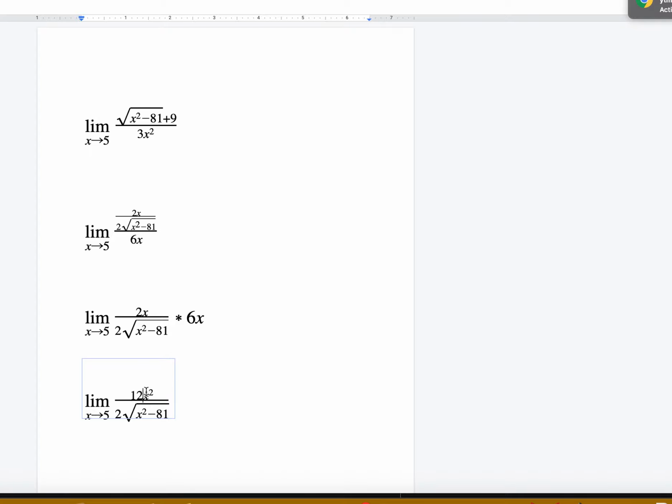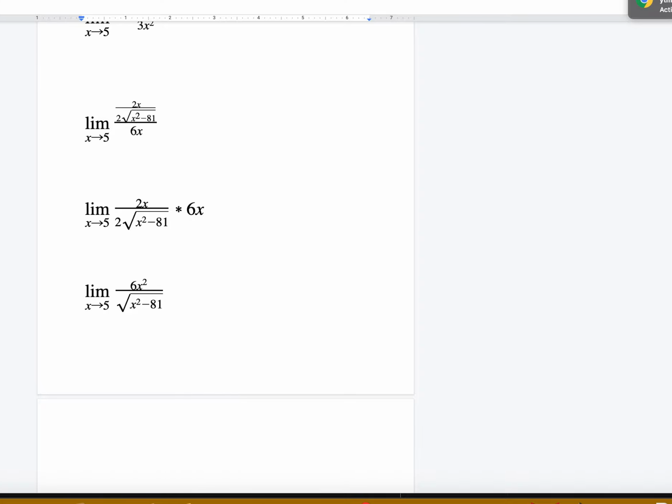But 12 divided by 2 is 6, so you can simplify that to just 6 over 1. So therefore you have 6x squared over the square root of x squared minus 81.